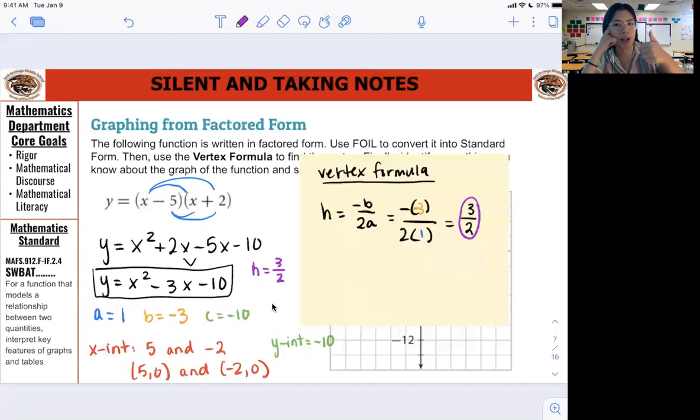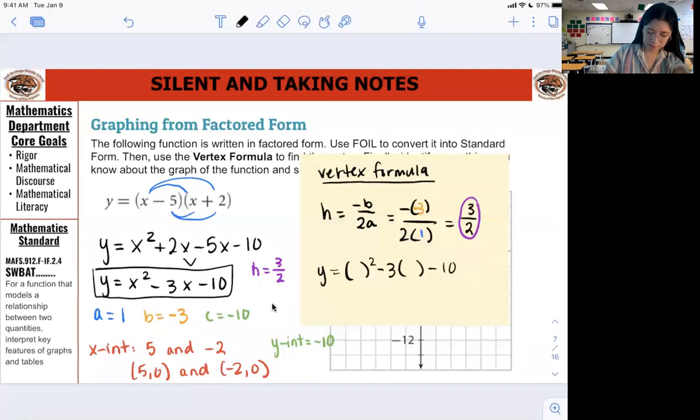Because I have my h value. What do I need now? The k. Okay. So what do I do to get k? Plug it in. There you go. We're going to plug in 3 over 2, and we're going to plug it into our standard form equation. So y equals x squared minus 3x minus 10.